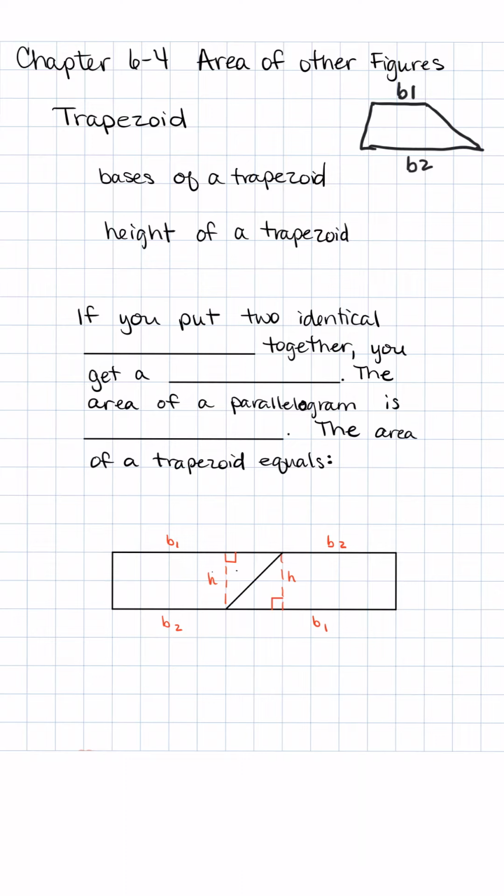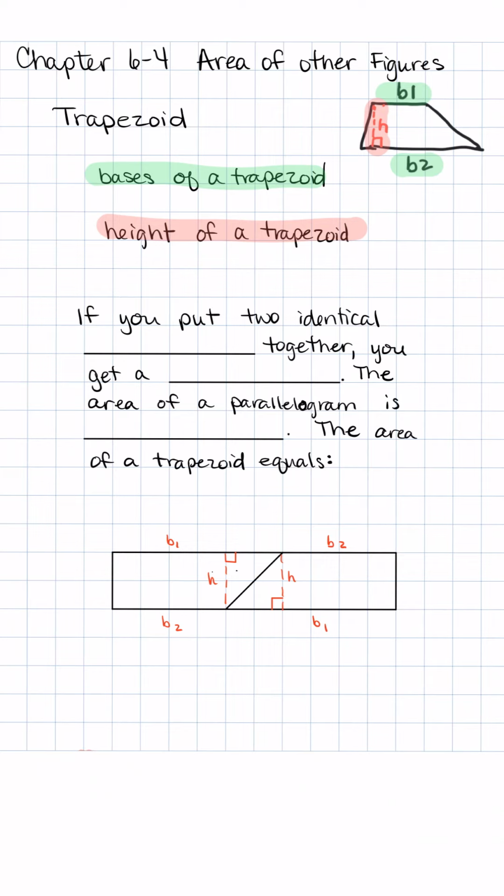And then the height is usually from a line down to make a 90-degree angle. That's the height. So there are two bases, and then the height of the trapezoid.